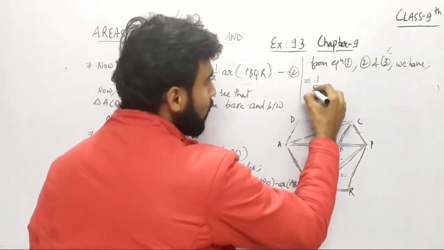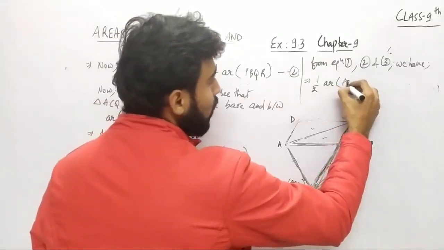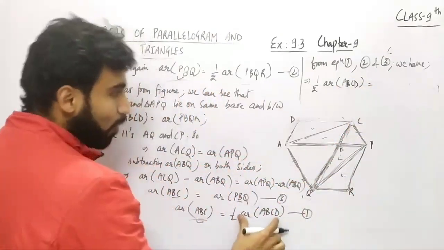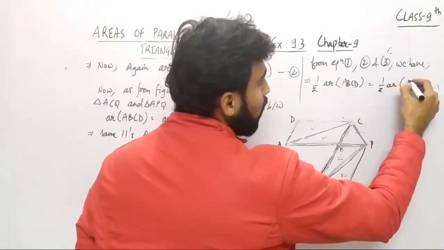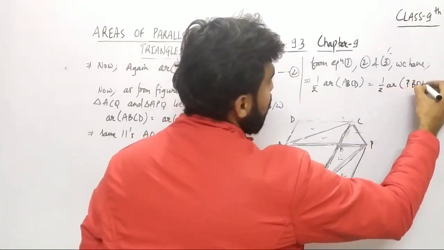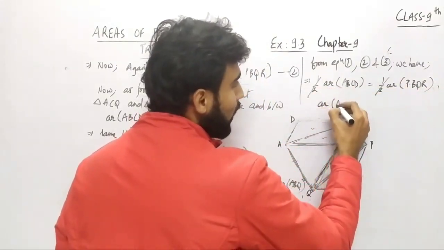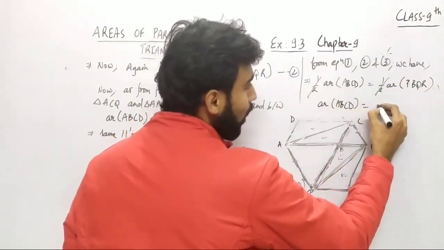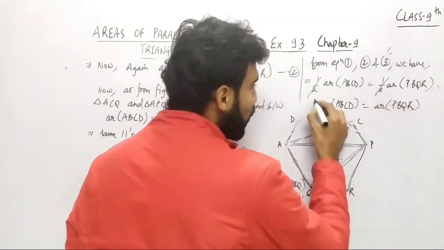So this implies that half of the area of ABCD will be equal to half of the area of PBQR, right? So half and half will cancel out. So finally the area of ABCD parallelogram is equal to the area of parallelogram PBQR, right?